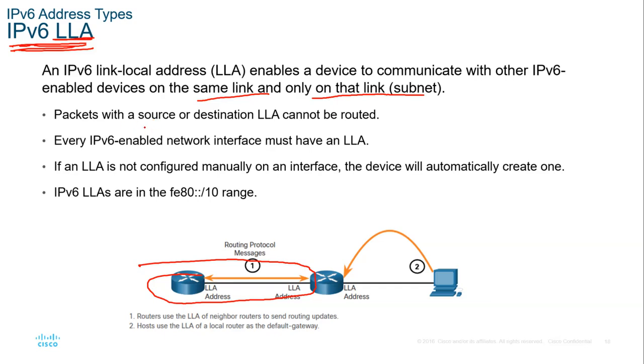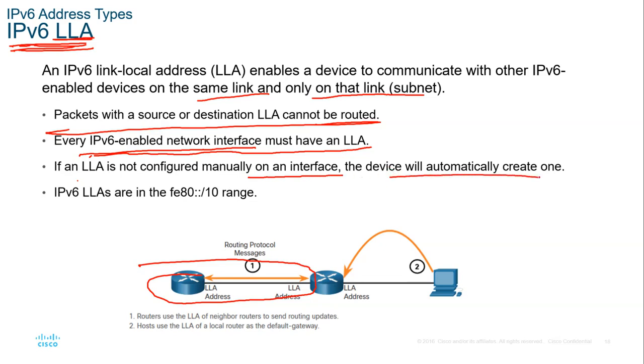Packets with a link local source or destination can't be routed or accessed on a public network. Every IPv6 enabled network interface must have one, so every time you enable IPv6, this link local address is enabled automatically. If a link local address is not configured manually, the device will automatically create one, in this format.